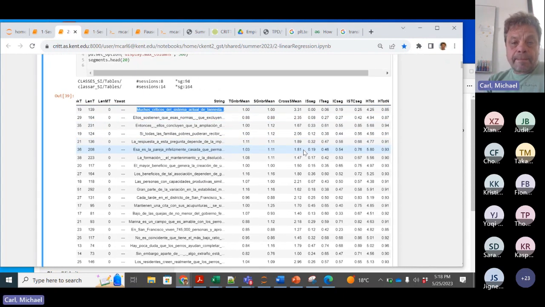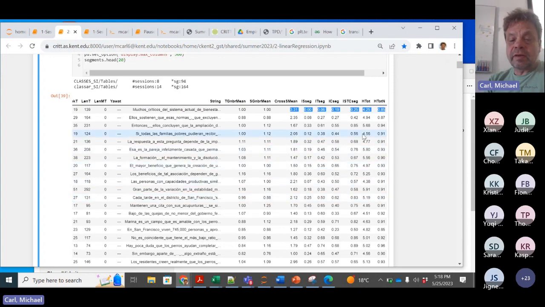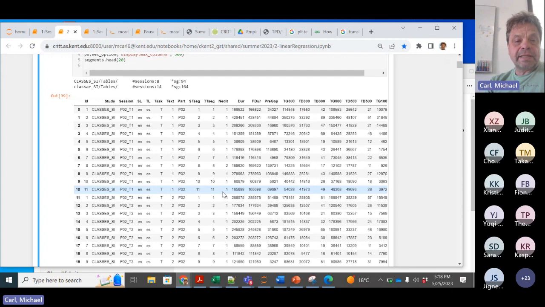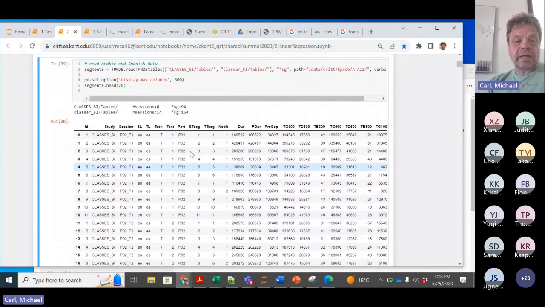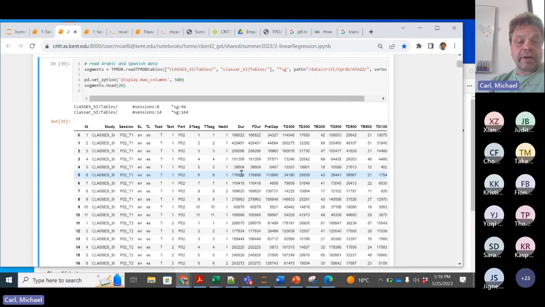And so these values we will discuss another day when we talk about these entropy values and so on. Okay, so this is basically the features that are in the SG tables. These are summary information for each segment.